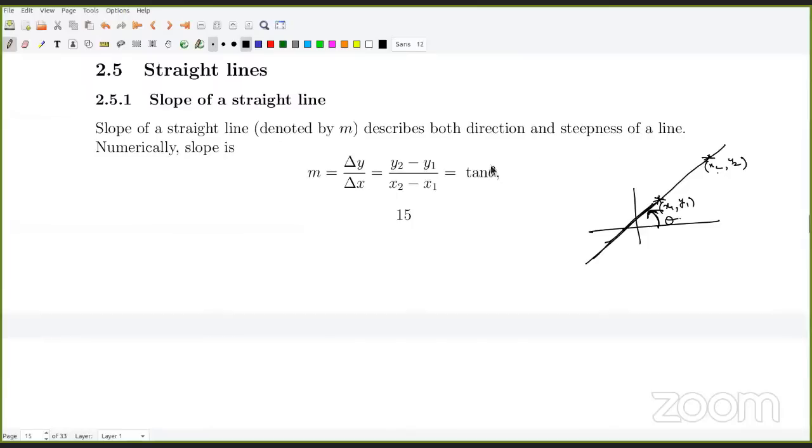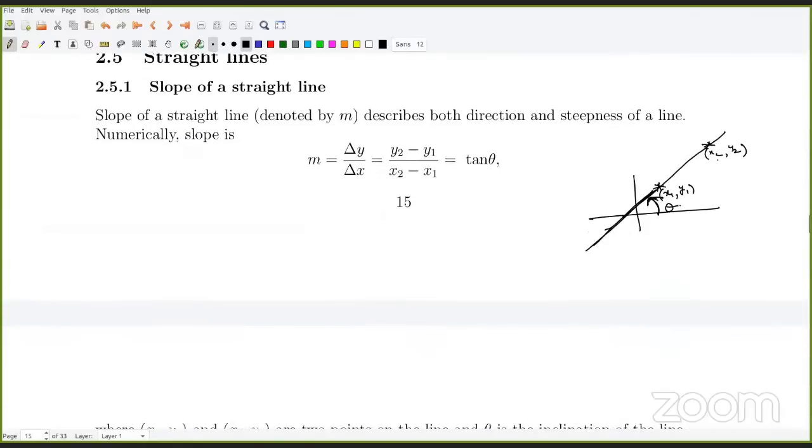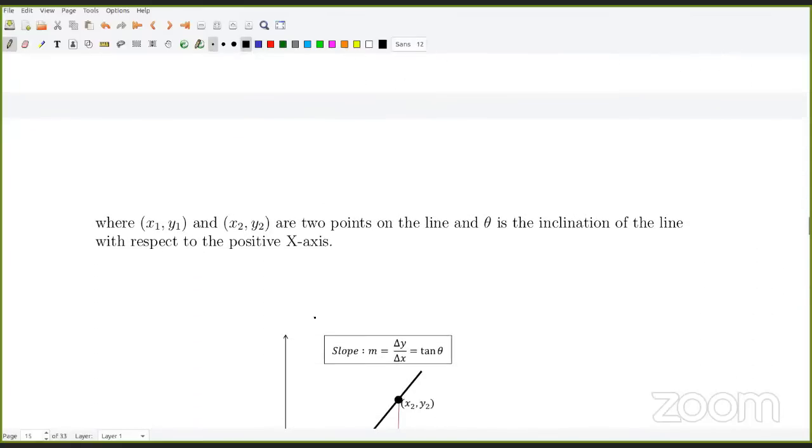Sir, firstly cover all revision topics, then we go to the mock. Sir, question number 6. Let me finish teaching first. Okay, I will come back to that question.